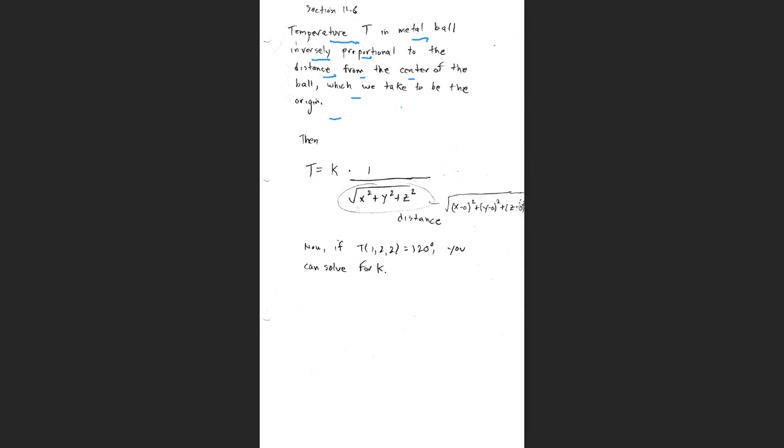And how does it decrease? It decreases in such a manner that the temperature is inversely proportional to the distance from the center of the ball. So in this kind of problem, you have to come up with the temperature function. Well, the temperature function is equal to K times 1 over the square root of x squared plus y squared plus z squared.